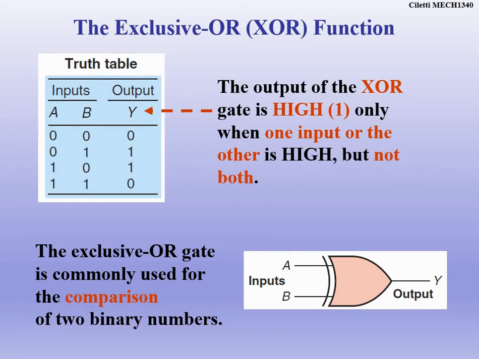If they are both 1, we will output a 0. If they're both 0, we output a 0. So the exclusive OR means we are only exclusively ORing A and B. So we only get a high output if one of the inputs is a 1, not if both, and not if they're both 0. So it's a comparator for us when we go through those sort of things. So this is the exclusive OR chip.